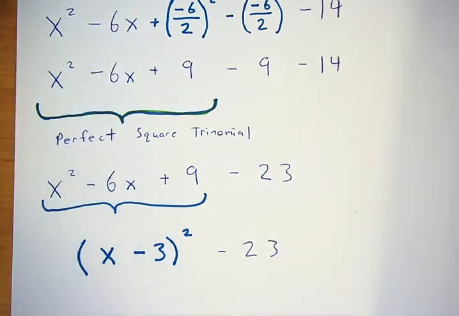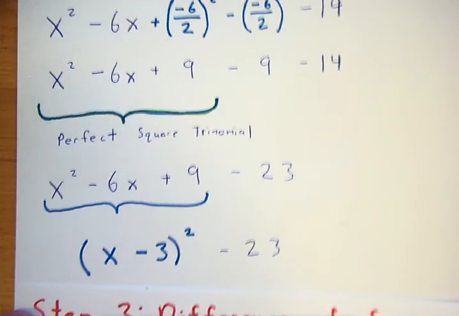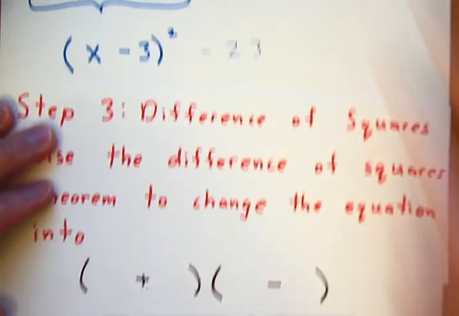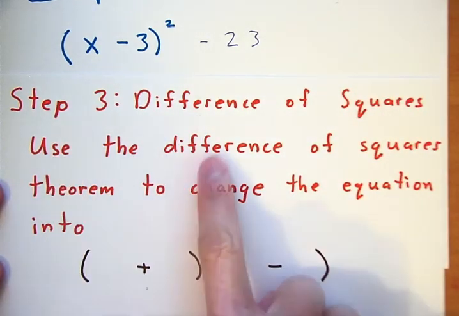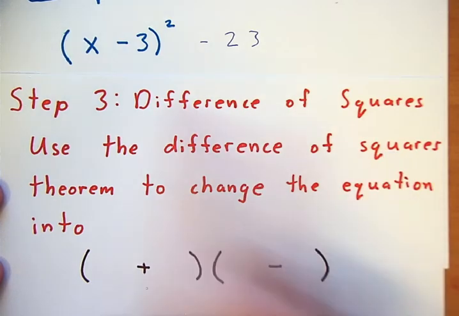Step number 3. In our step number 3, we're going to be using the difference of squares to change this into parentheses, something plus something, multiplied by something minus something.